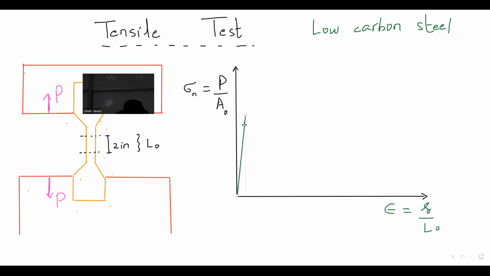It goes like this, and then you have a point like this. You call it the proportional limit. Let me use sigma p. You can see it's linear. Then you have another portion like this.